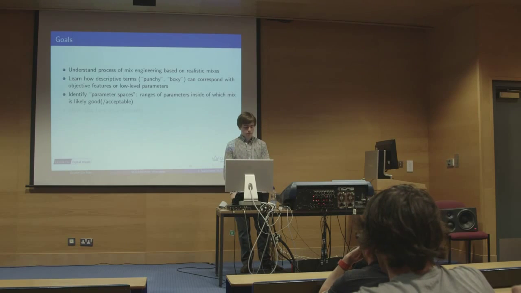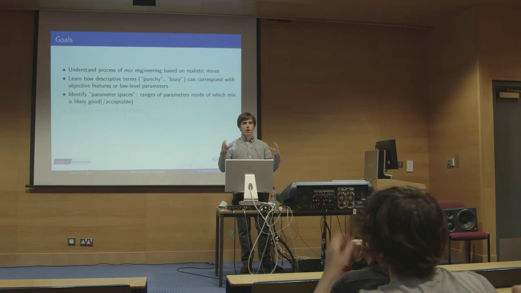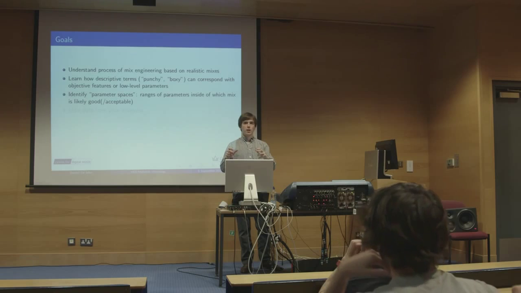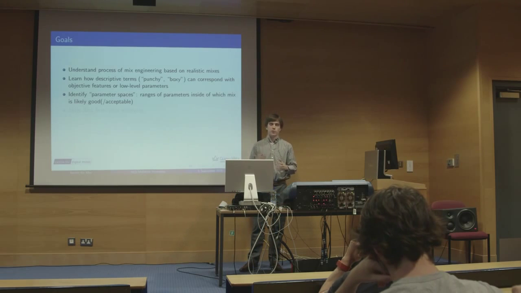And one step further, I would also like to identify certain parameter spaces. So imagine that there is a mix space within which sets of parameters make a mix sound decent, acceptable, maybe conventional, and then outside of which your mix would likely begin to sound very bad.